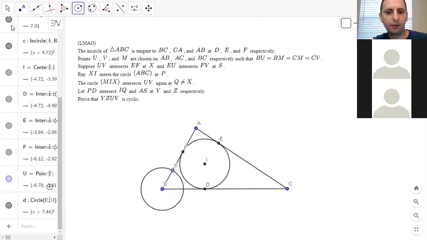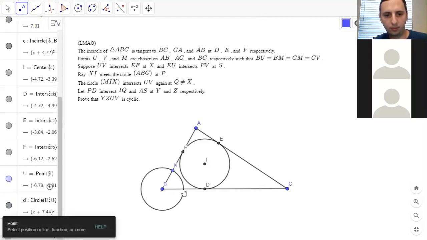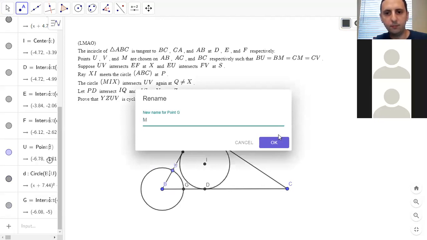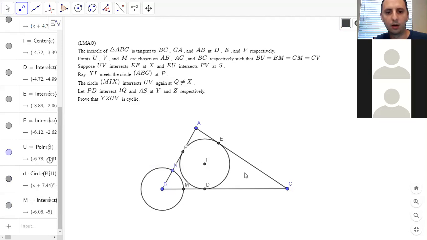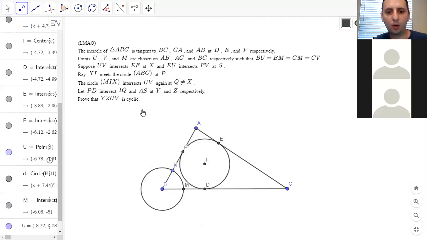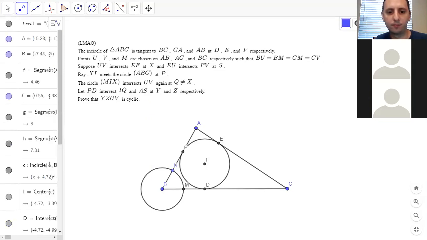M is on BC. So this is M. Well, M is the midpoint of BC, because BM equals CM, my bad. Right. So M is the midpoint of BC.